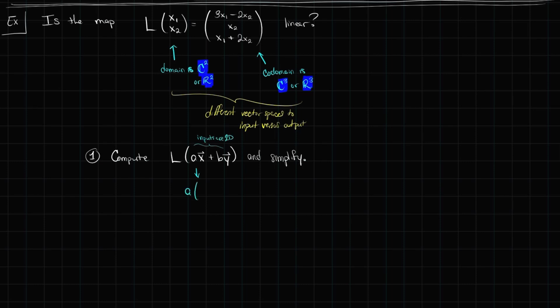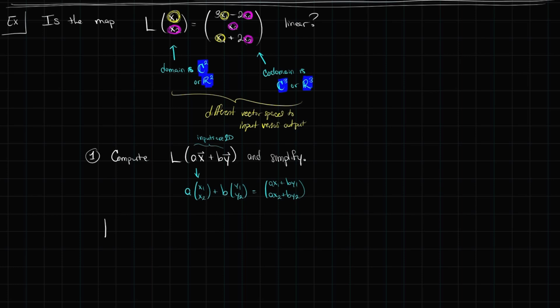So we could write ax as (ax1, ax2), and by as (by1, by2). Or I could write this as (ax1 plus by1, ax2 plus by2). So that can be my input. And I'm thinking here that this is a placeholder for these two objects, and that is a placeholder for these three objects. So it's not actually x1 and x2 that are in there, but rather placeholders.